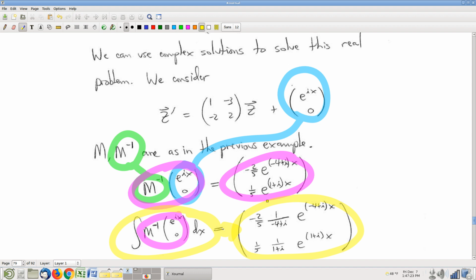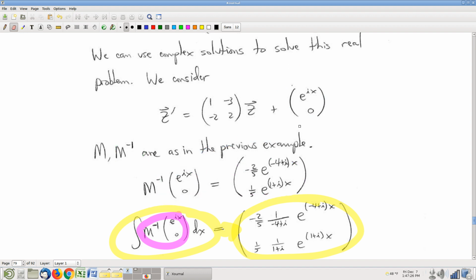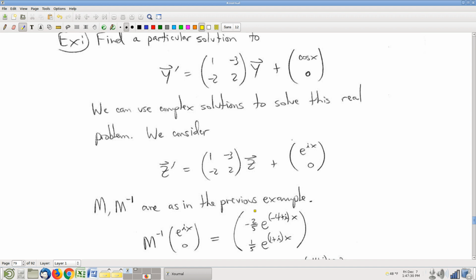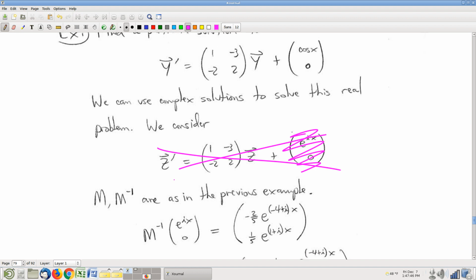Now, before I go on, I want to brag on the benefits of this idea. Again, we abandoned the real equation in favor of the complex. Well, what if we had not done that? What if we had said, all this complex stuff is annoying, I don't want to deal with any of that? I want instead to just deal directly with that.